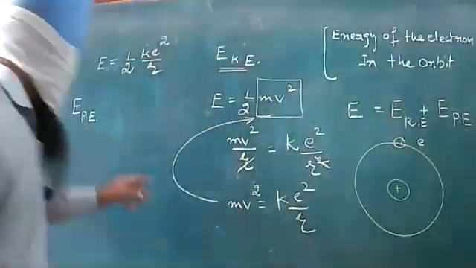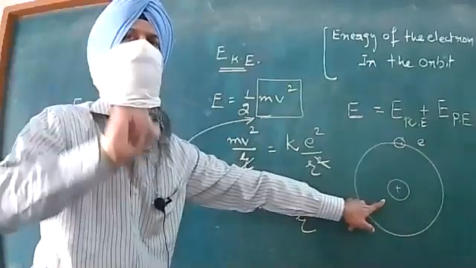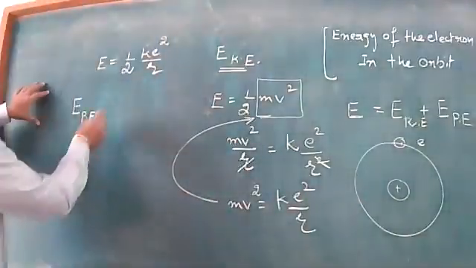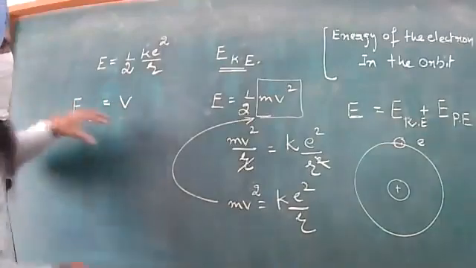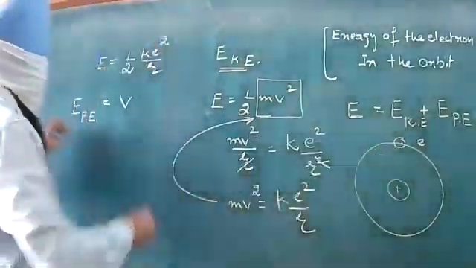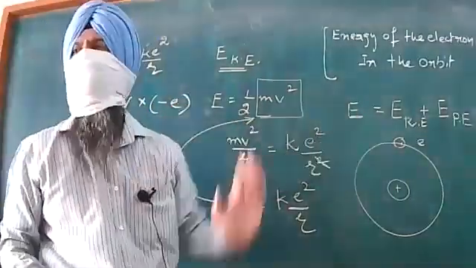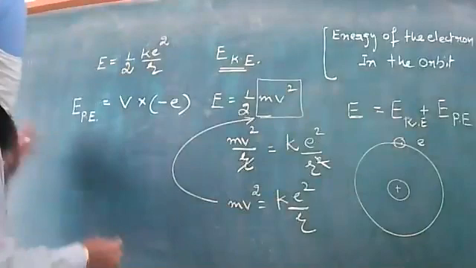And here, this is your nucleus. I am considering it to be one proton only. So electric potential at this point, this is my observation point now, and charge, this is equal to the charge on the electron only. So let us substitute.